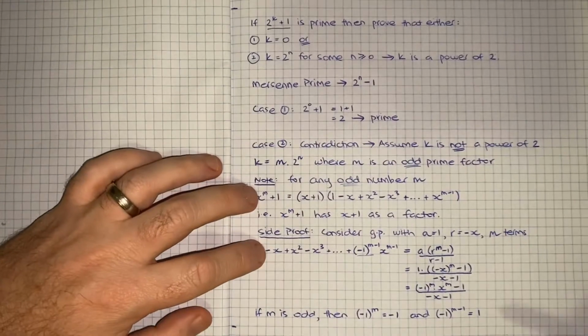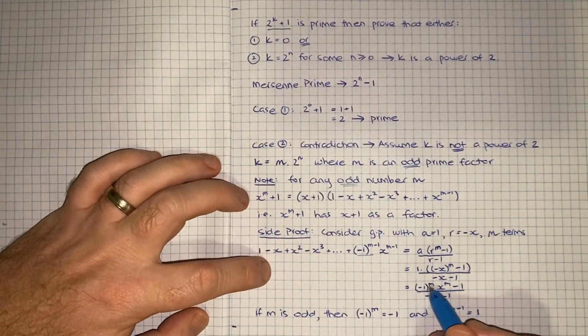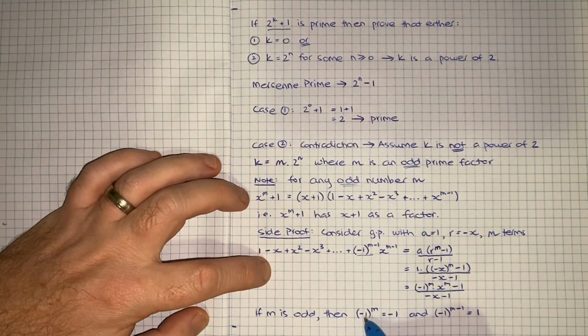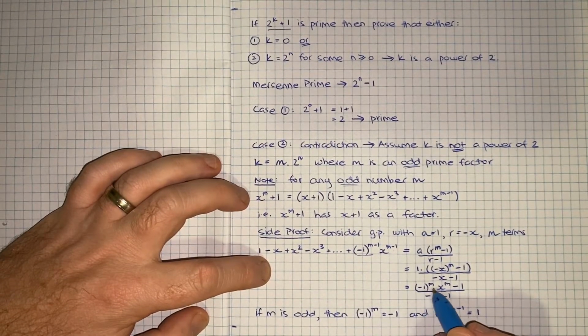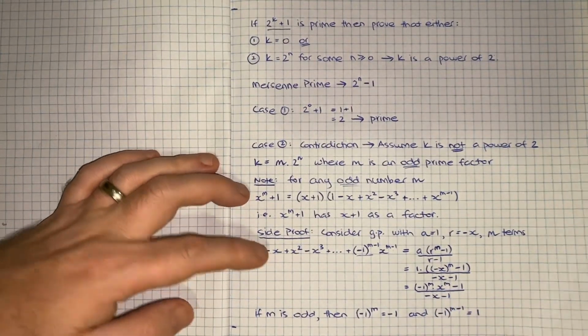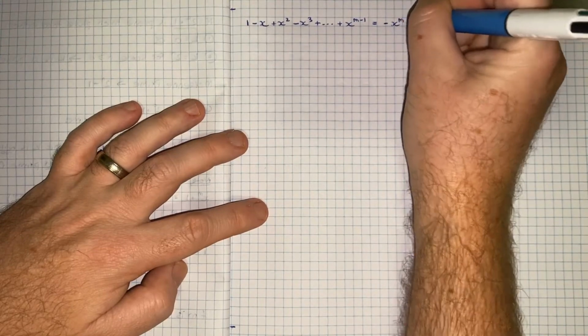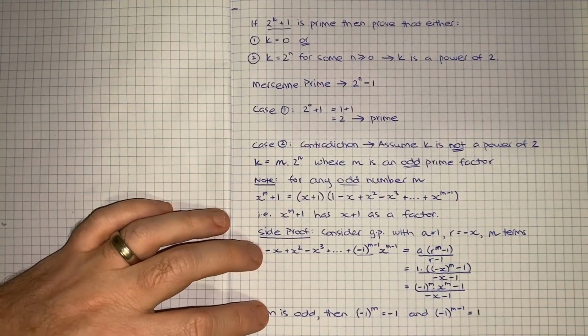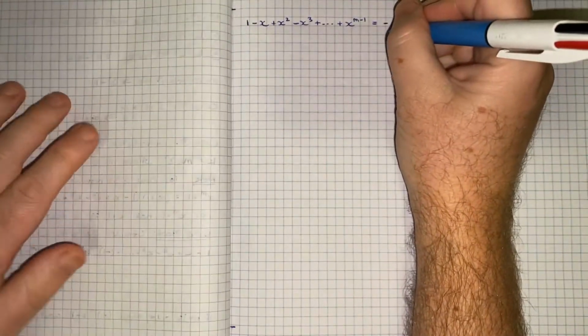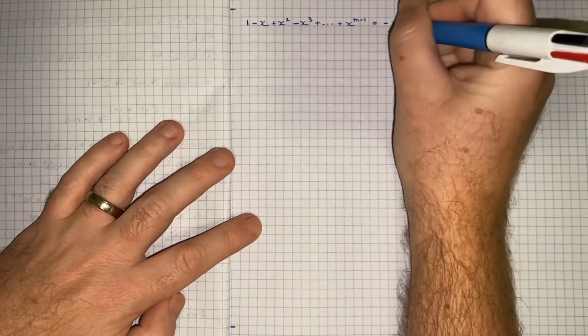And what's that going to be equal to? Well, we'll have our negative 1 to the m, which we've just concluded is negative 1. So this would become negative x to the m minus 1. And then in the denominator, we had minus x minus 1.